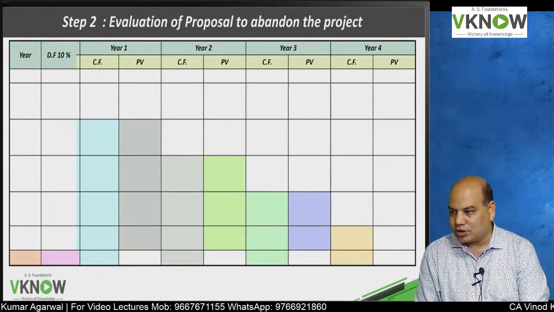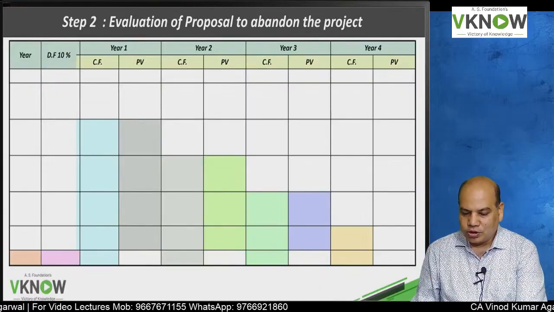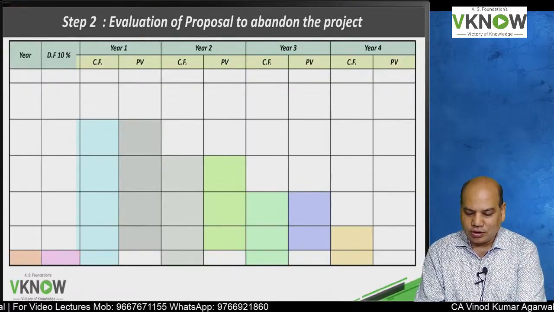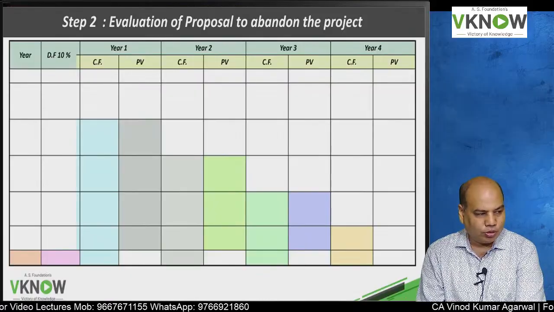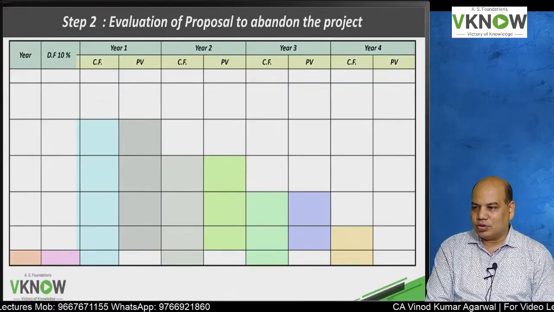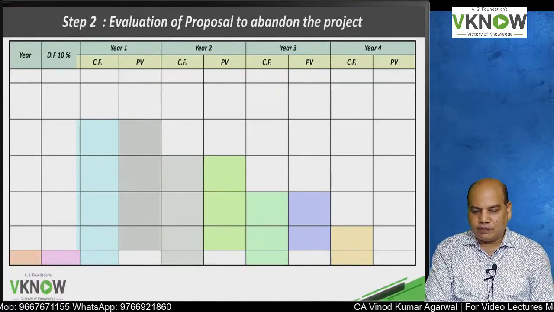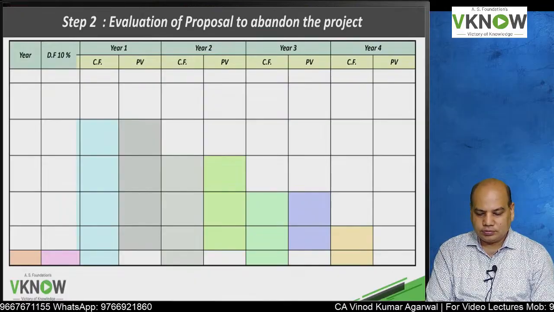Under that write down this table with total 10 columns. If you don't want to write the discounting factor column, you can ignore only that column, but the other columns you have to write. Year, discounting factor at 10%.